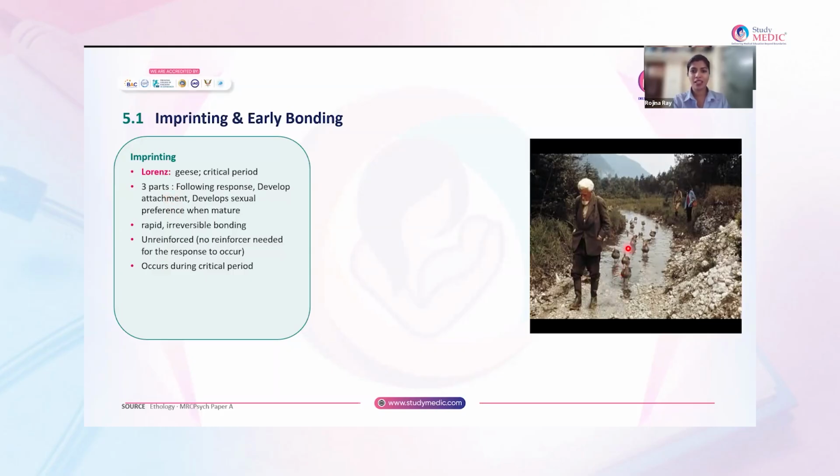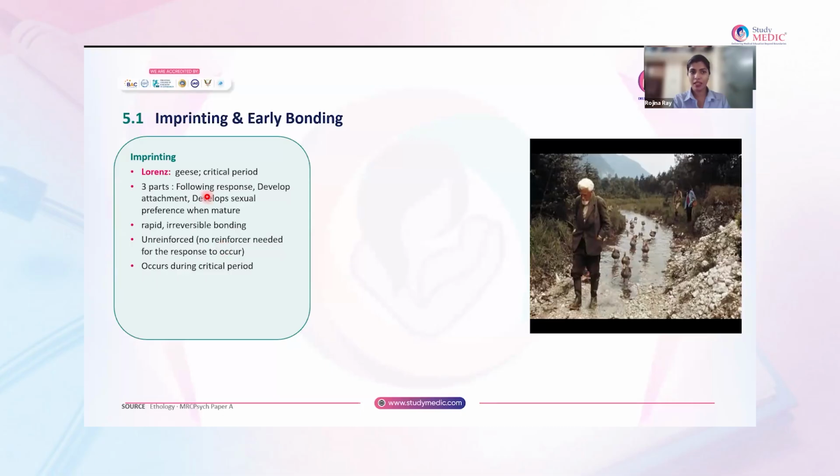He based his studies on the greylag goose, and he said that imprinting occurs in a critical period, usually within a few hours after the egg hatches. The goose will follow the first moving object that it sees.